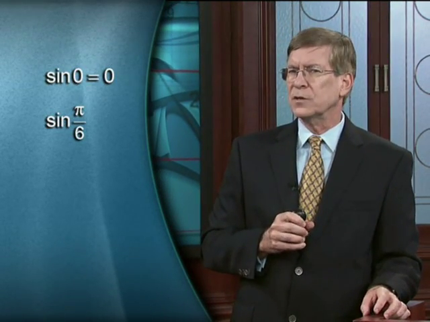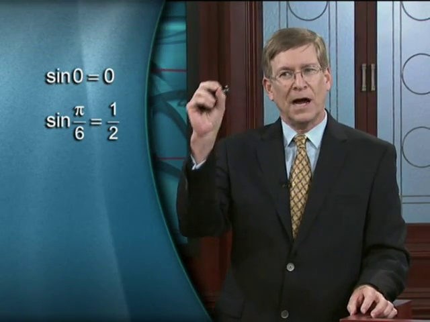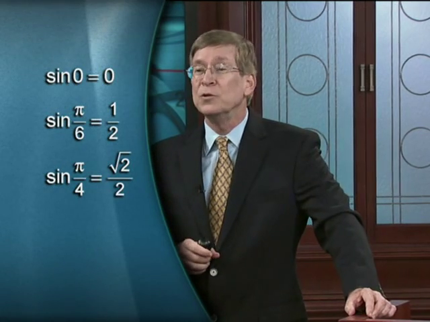For instance, you could let x be 0 and sine of 0 is 0. So the point 0, 0, the origin, is on the graph of the sine function. You could let x be pi over 6, the angle pi over 6. Remember what the sine of pi over 6 was? Yeah, 1/2. So you would plot that point, pi over 6, comma, 1/2. How about pi over 4? Oh yeah, sine of pi over 4 was square root of 2 over 2.